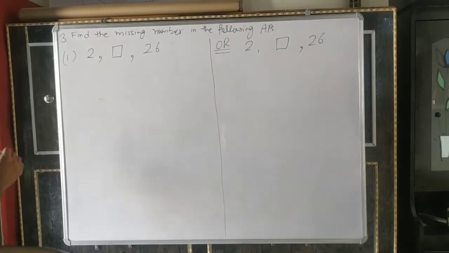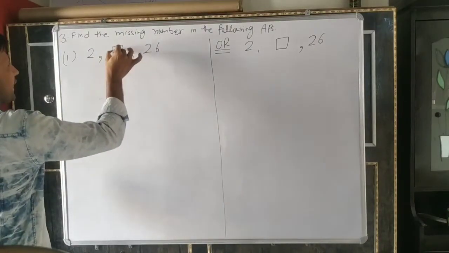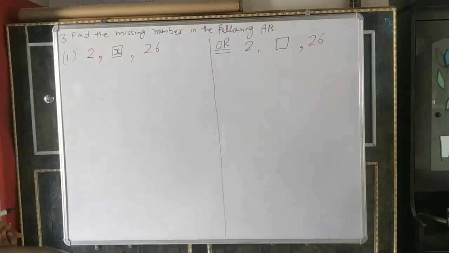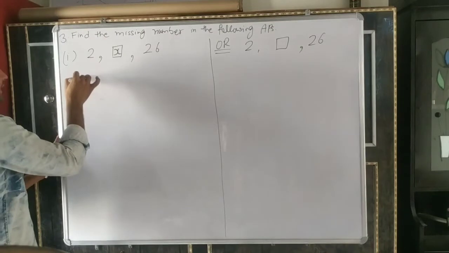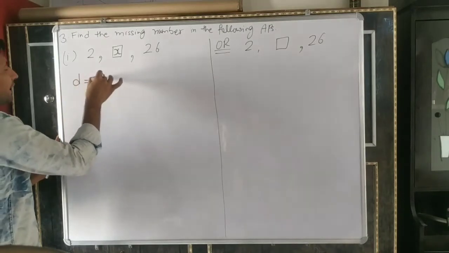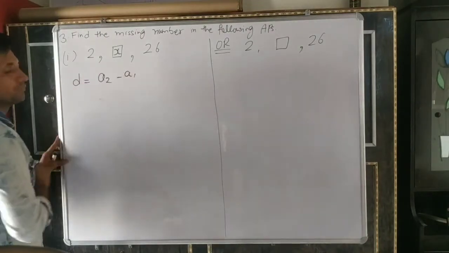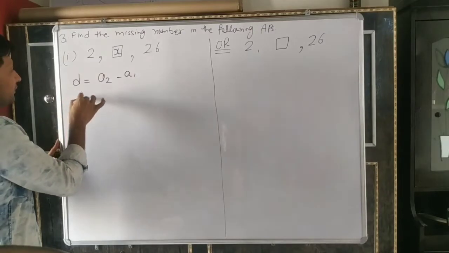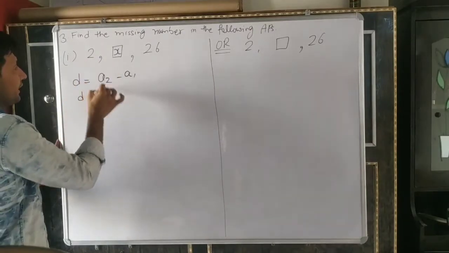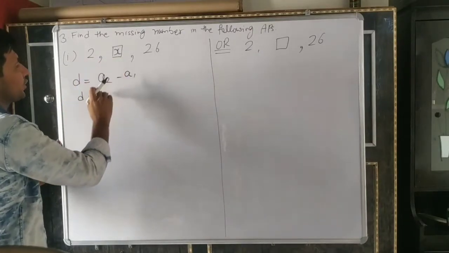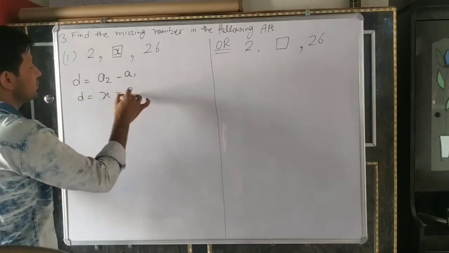Suppose we take the missing term as x. Can we find d? Yes, we can. d is a2 minus a1, so d is x minus 2.